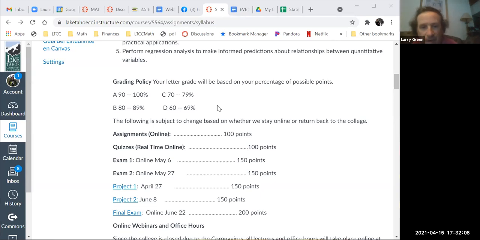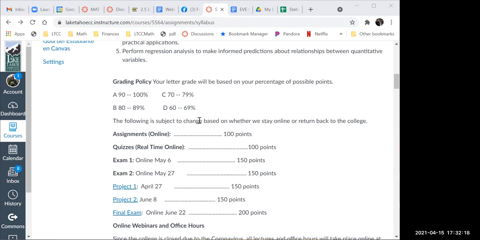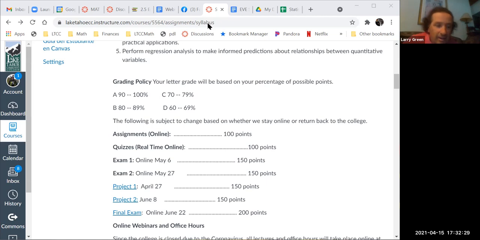Any questions at all about the process of the project and the timeline? I did have a question. Sure. I know we're collecting the data together, but are we then writing the paper together, or is it separate? That's a good question. Here's how it works: one of you submits the project in Canvas and makes sure all three of your names are on it, and everyone gets the same grade.